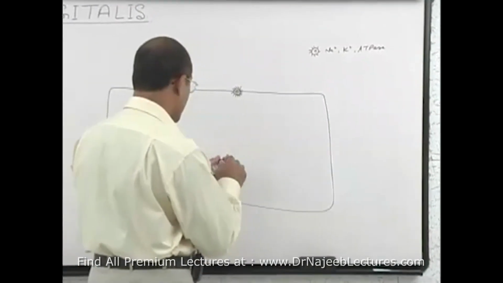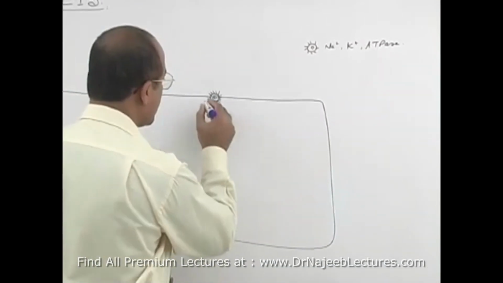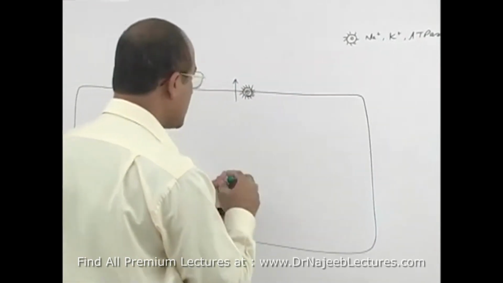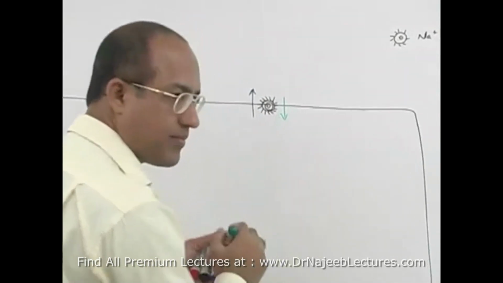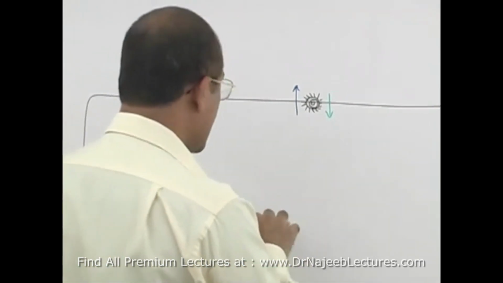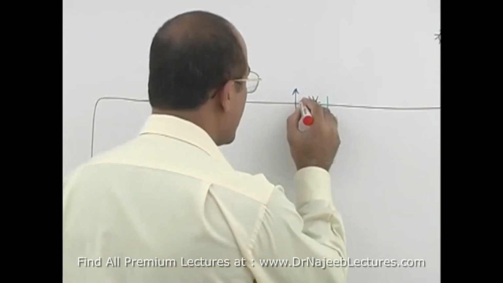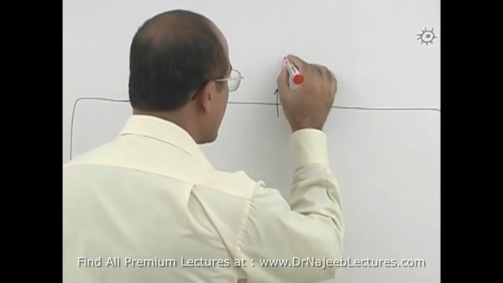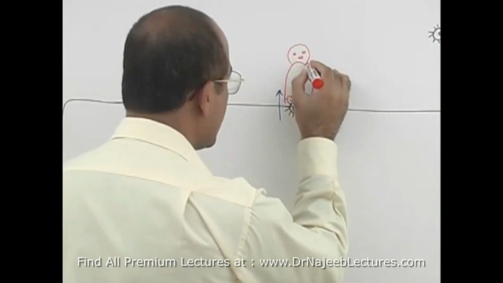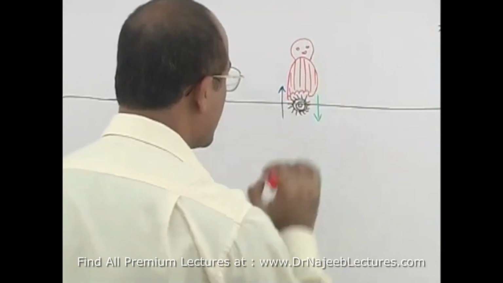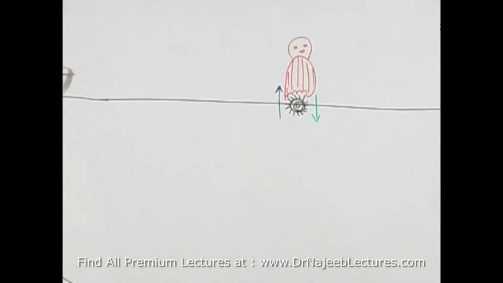Normally, what it is doing is taking the sodium out and bringing the potassium in. What we discussed is that Digitalis binds over this pump. It sits on this pump.